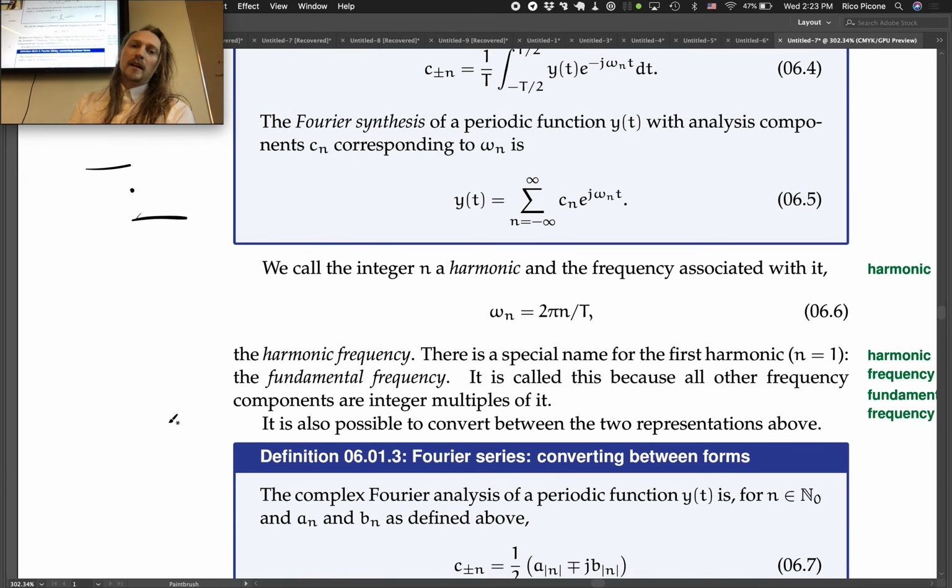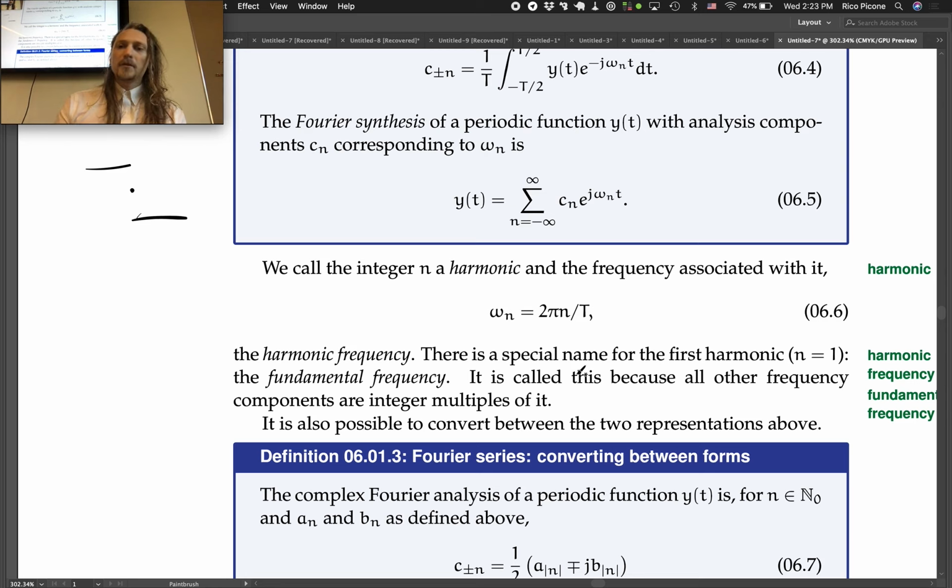We call the integer n a harmonic of the frequency associated with it. So omega n equals 2 pi n over T, the harmonic frequency. It could be the first harmonic, second harmonic, third harmonic, etc., depending on what n is. If n is 1, it's the first harmonic. If n is 5, it's the fifth harmonic.